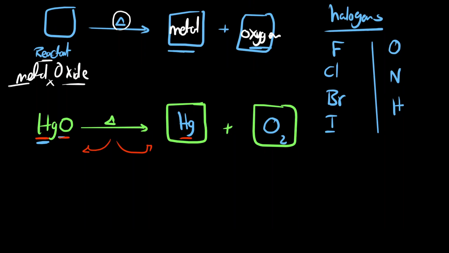In the reactant, you have one atom of oxygen, but in the resultant you have two atoms of oxygen. So you have to make them equivalent. For the reactants, we're going to put 2 here, so it's 2O in the reactant and 2O in the resultant. And you also have to put 2 here, so it's 2 mercury atoms for the resultant and 2 mercury atoms for the reactants.